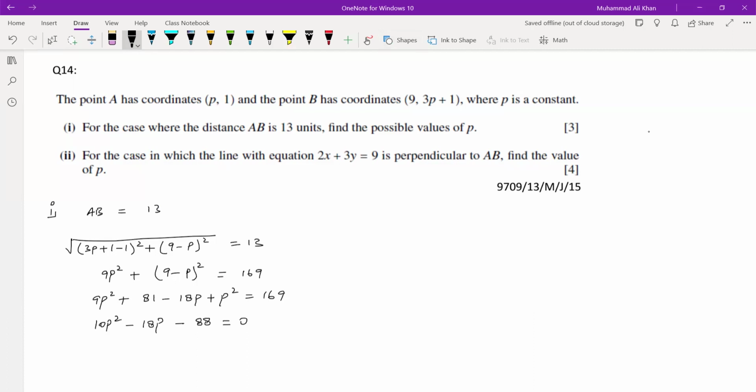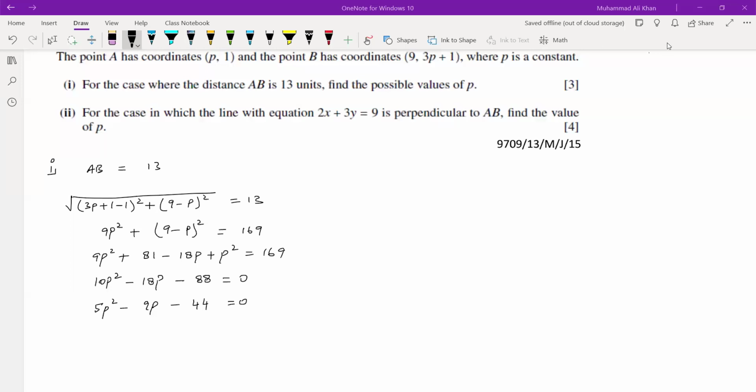Now, after that, we divide the equation by 2. Now let's factor it: 5p square minus 9p minus 44. What are the factors of 220? The factors are minus 20 plus 11p, minus 44 equals 0. 5p common, so it will be p minus 4. 11 common, p minus 4.